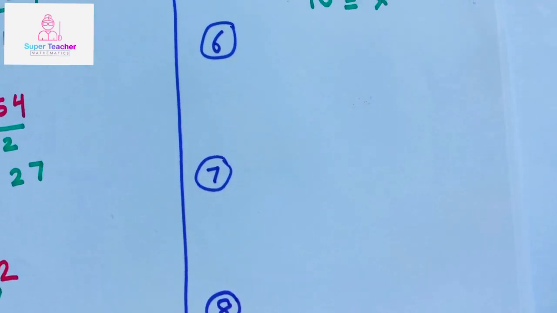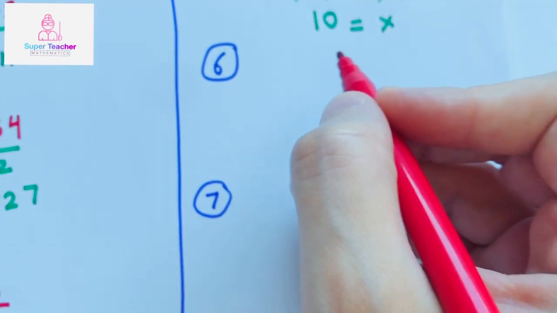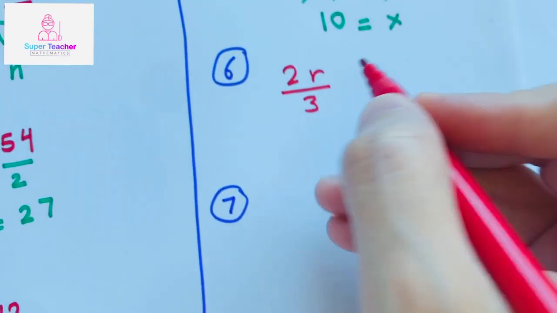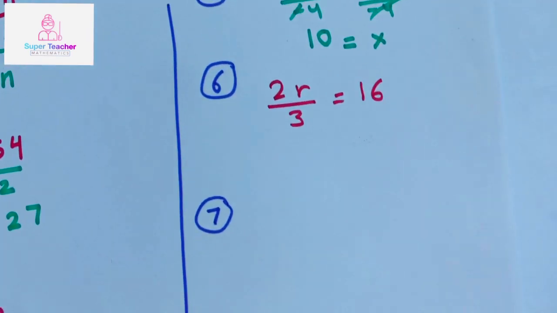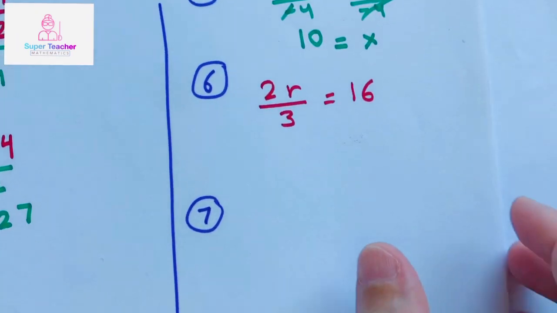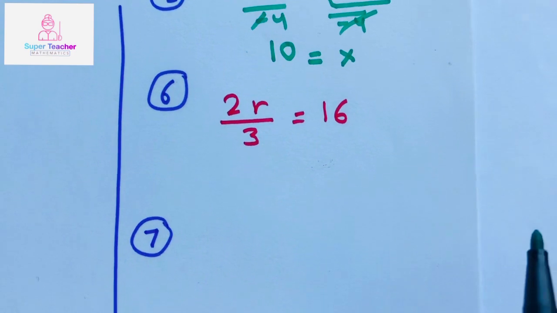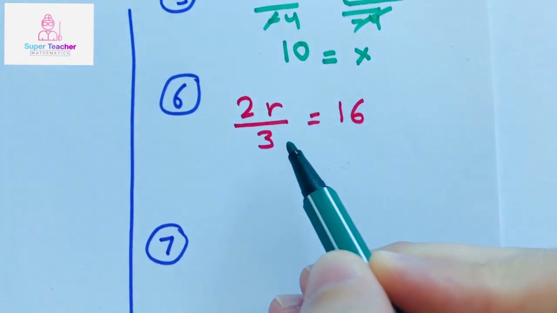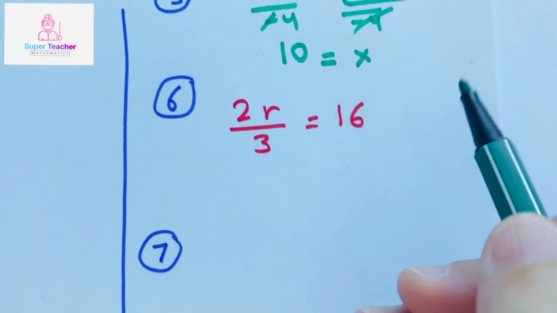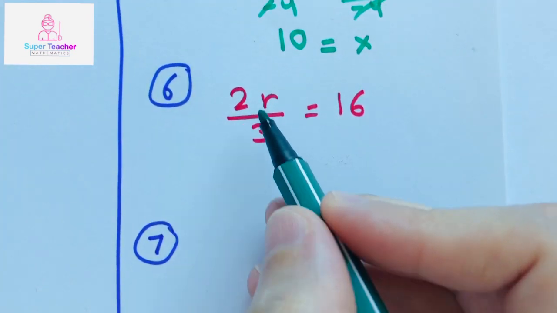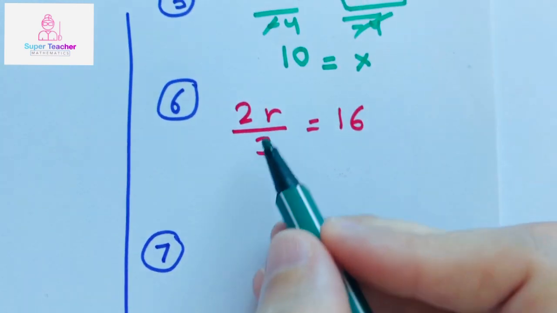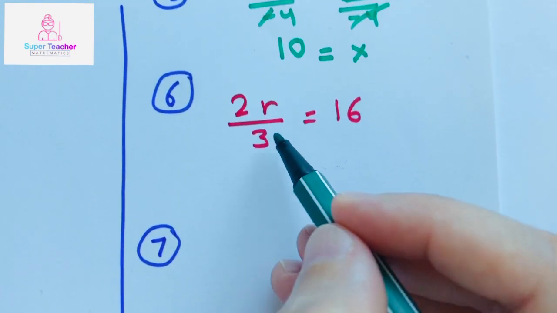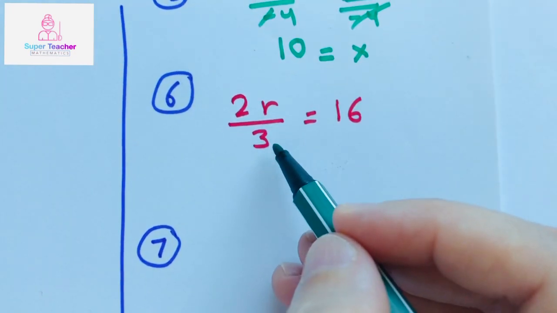Okay. Question 6. 2r over 3 equals 16. Okay, here we are going to do 2 steps. First, we are going to get rid of the 3 and then the 2, because we have multiplication and we have division. Let's get rid of the 3 first, then the 2. Here divide by 3. So what is the inverse of divide?